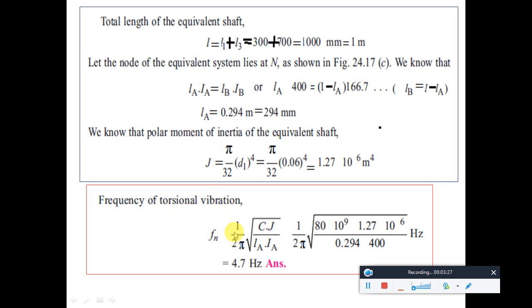The frequency of the torsional vibration is equal to 1 by 2 pi root of GJ by LAIA. You know LA and you know IA also. The only thing to find is J, the polar moment of inertia of the equivalent shaft, which is pi by 32 d1 power 4. Taking d1 as 0.06, you get 1.27 into 10 power minus 6 meter power 4. Substitute everything, and you will get 4.7 hertz as the answer.